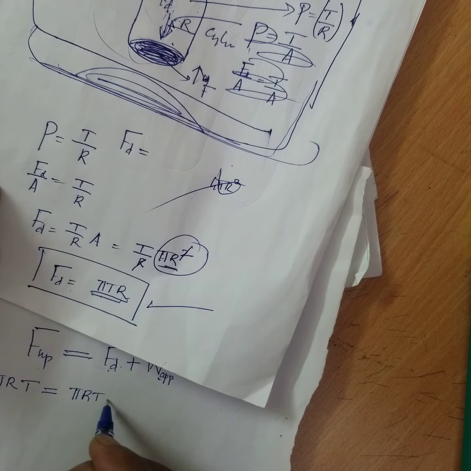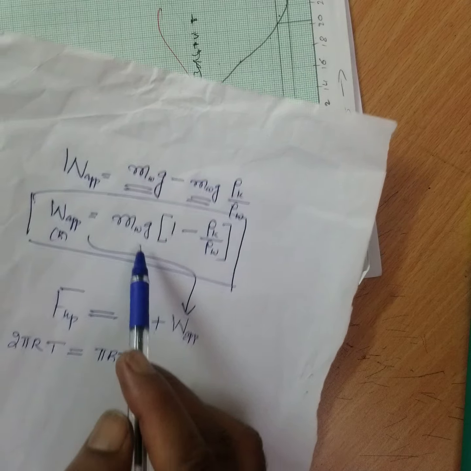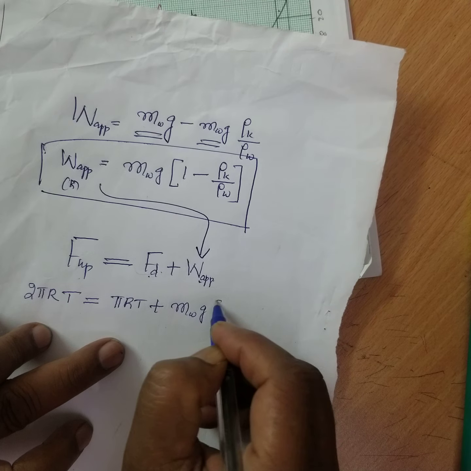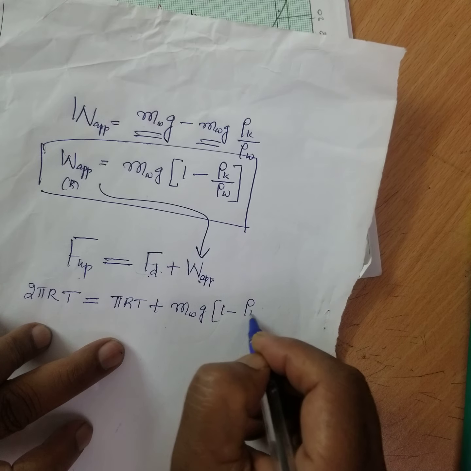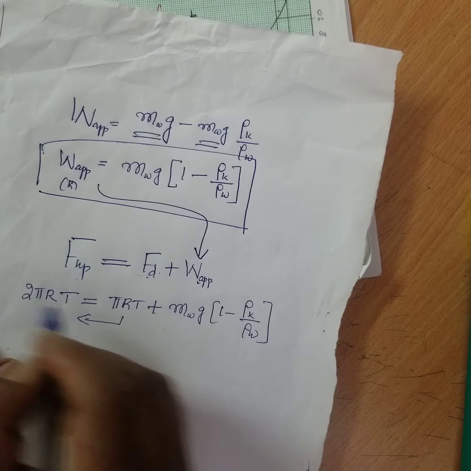Pi t r, pi r t, plus apparent weight. That is mg times 1 minus density of kerosene by density of water. You bring this side.